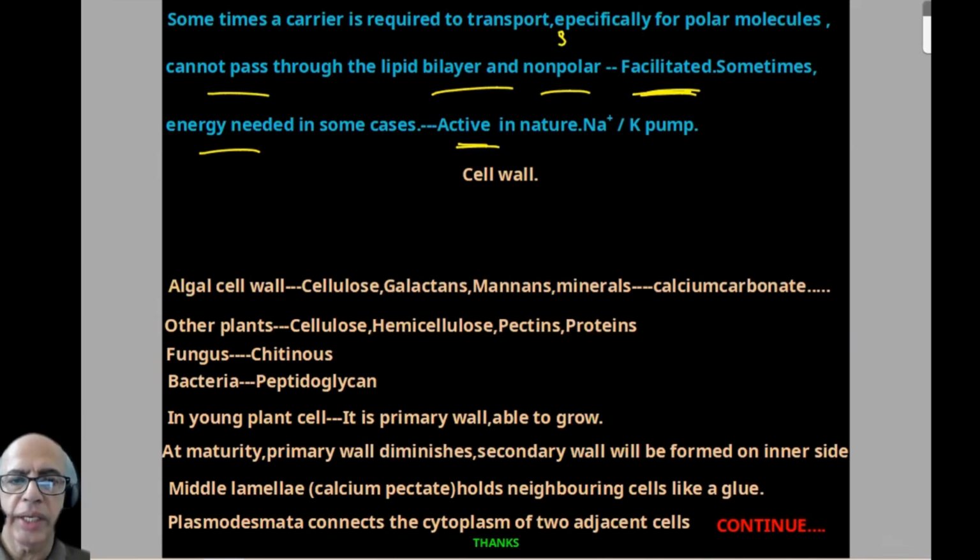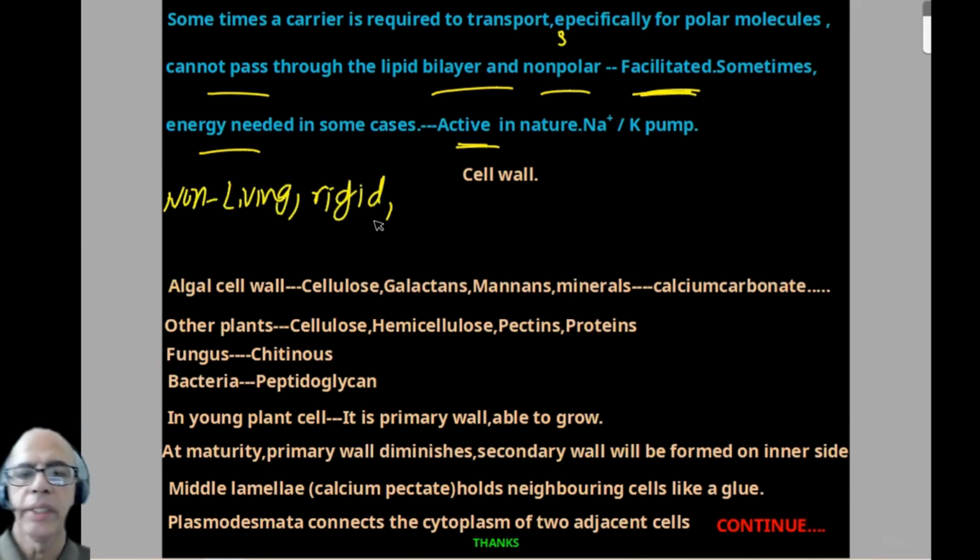Now comes the next layer, the cell wall. When we come to the cell wall, we can find it is non-living in nature. That itself is a question. It is rigid, and it is present in algae, plants, bacteria, fungus, as written below.